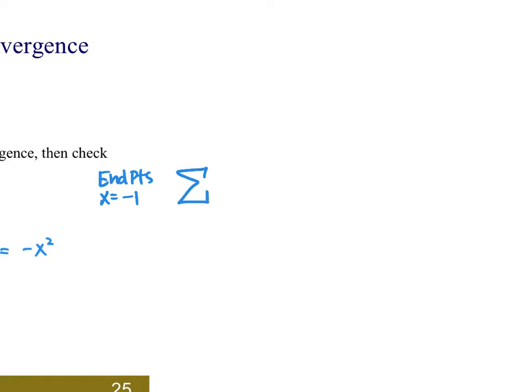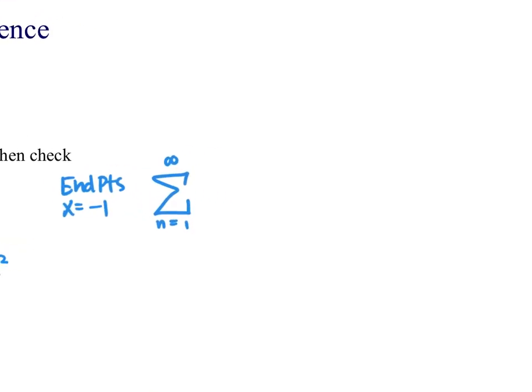So we're going to plug that back into our sigma, and we're actually physically going to put the x value as -1. So that would be -1 to the n plus 1 times -1 to the 2n, that's going in for x right there, over 2n. All right, what happens here? -1 to the 2n, no matter what n is, when you raise it -1 to the 2 times that, you're always going to have a positive number.